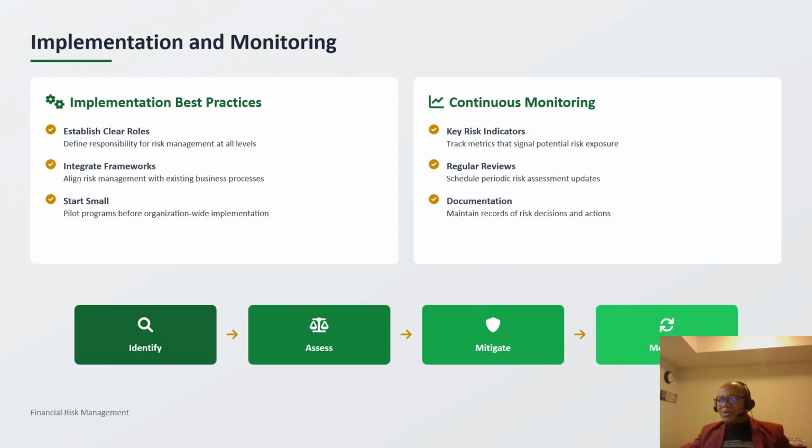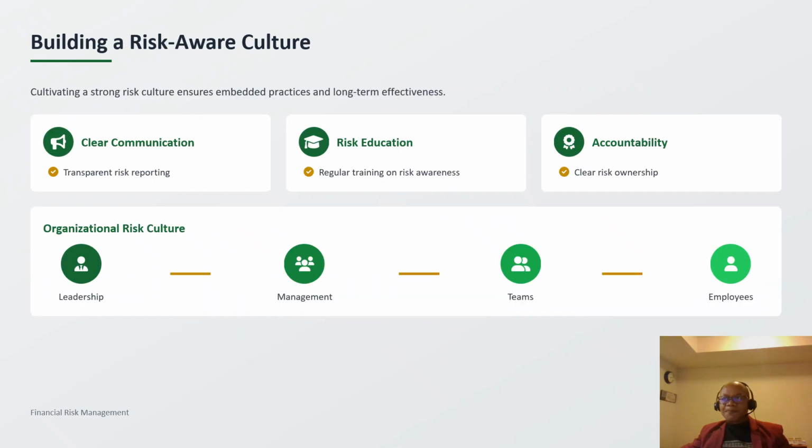You can do regular reviews or documentation, and it's a continuous and cyclical process. Again, the structure is usually identify your risk, assess your risk, mitigate, monitor, review, and you continue with the cycle.